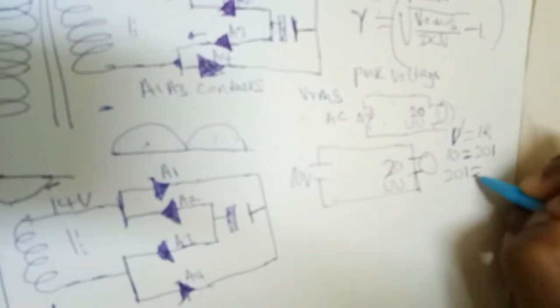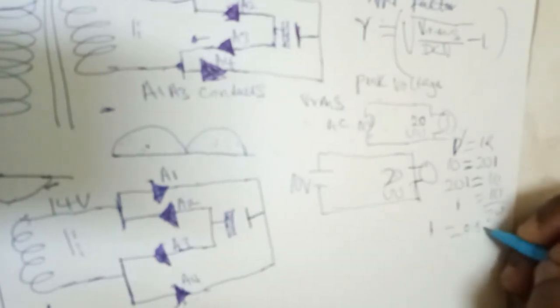20I is equal to 10I. 10 over 20, I get the current equal to 0.5 amps.